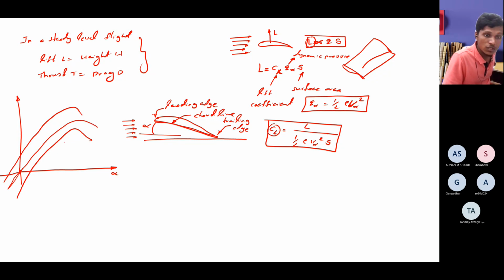But all the airfoils have the common characteristic that they show a decrease in CL, the non-dimensional lift coefficient, after some angle of attack. That angle of attack we call the stall angle of attack, alpha stall.